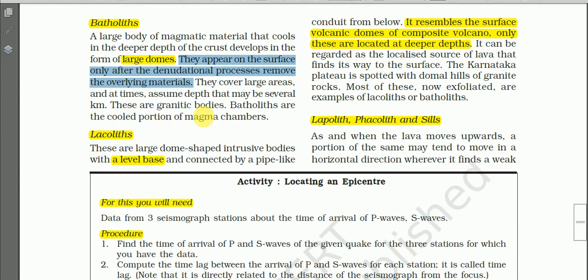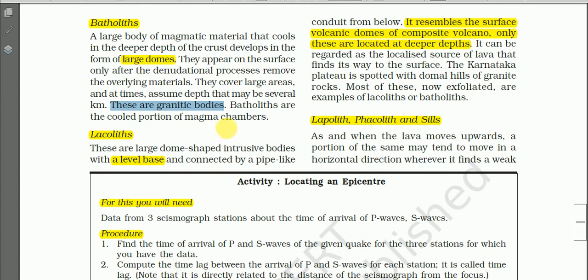That means after the surface has been eroded, the intrusive forms will be exposed on the surface. They cover large areas and at times assume depth that may be several kilometers. And these are granitic bodies. Granite is a type of igneous rock.